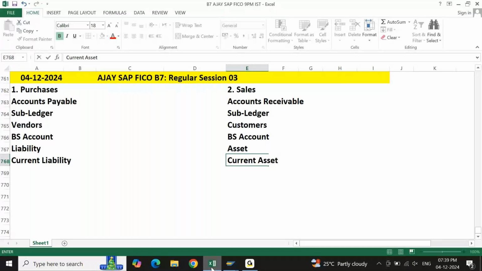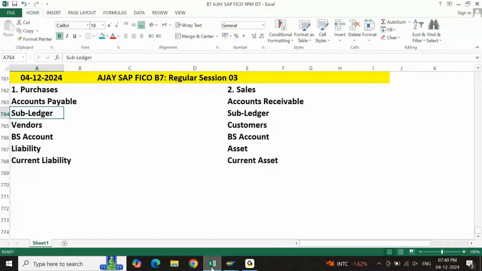In short, knowing one-liners is not sufficient. With minimum basic fundamentals, you must be in a position to connect different points. We talked about purchases, and purchases is all about accounts payable. Accounts payable is a subledger because you are dealing with vendors.